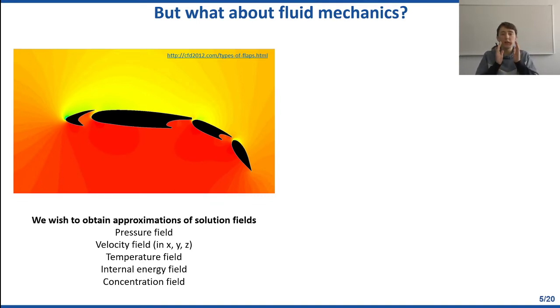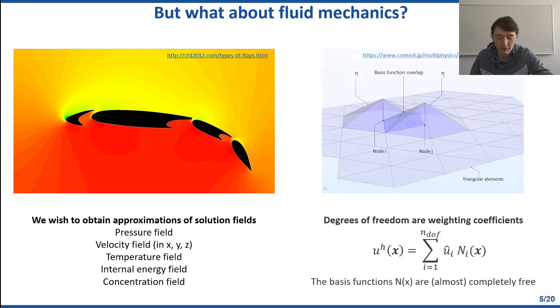But it's also a relatively narrow perspective, and one of the things that I hope to teach you in this class is that there is an overarching perspective, where we do not think of elements as spring-like one-dimensional pieces of solid, but rather the elements are nothing more than a bunch of shape functions. If we exclusively think about these shape functions, then we can represent any solution field, like a pressure field, a velocity field, a temperature field, as just a summation of these different shape functions multiplied by coefficients.